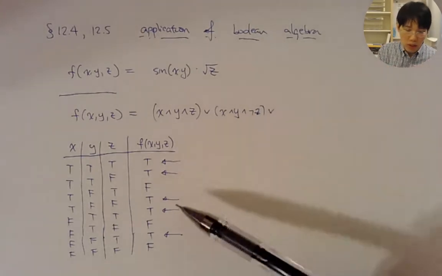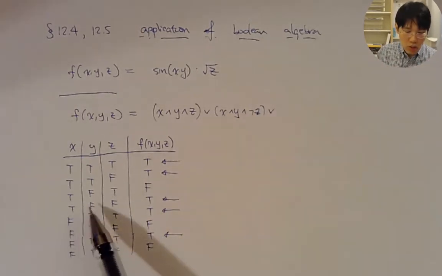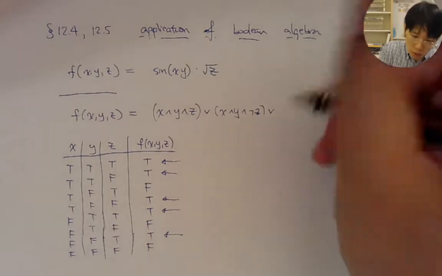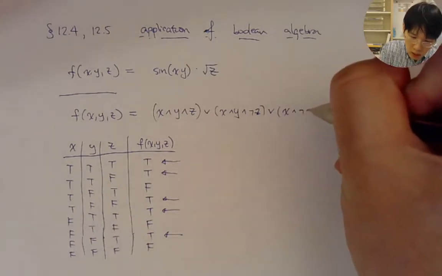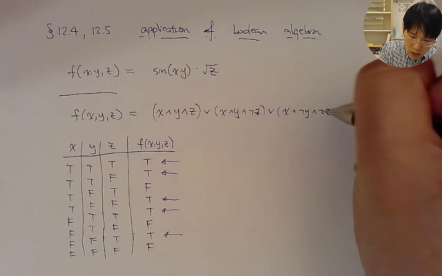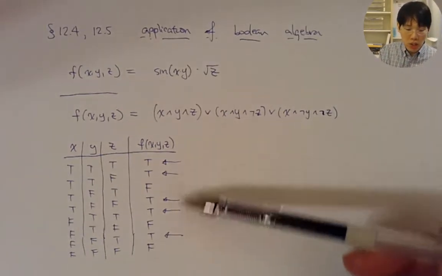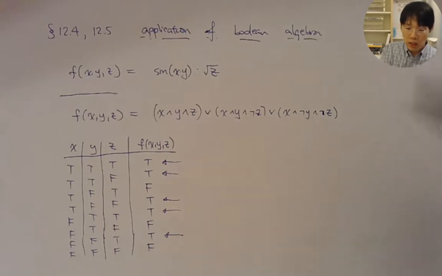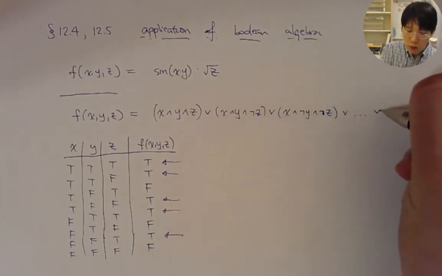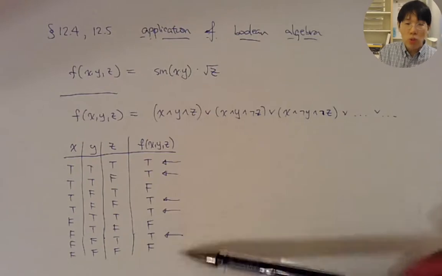Or you can list the third one. Now this is where x is true and y and z are false. So list that: x and not y and not z. By now, I hope you get the gist and you're bored and you don't want me to actually write out the next 2. So I'll write ... there. There's 2 more clauses.